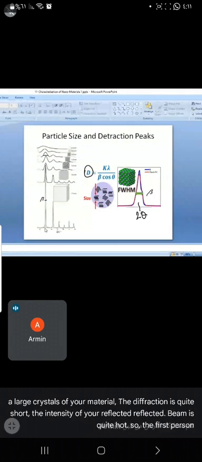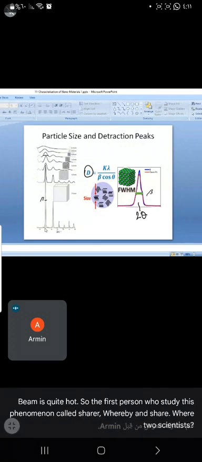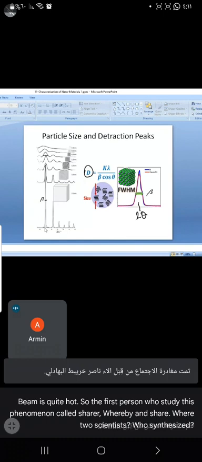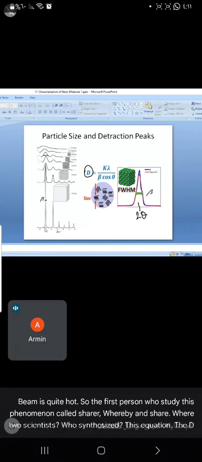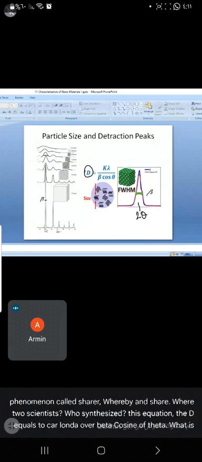So the first people who studied this phenomenon, Debye and Scherer, were two scientists who derived this equation: D equals K lambda over beta cosine theta. What is beta?